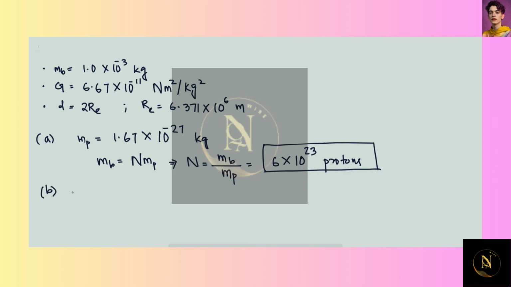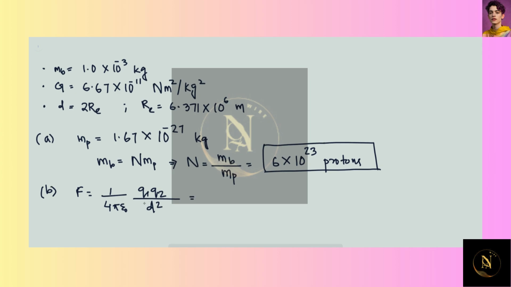Now in the second part, we have to find the electric force and gravitational force. So the electric force is given by 1 over 4 pi epsilon naught times the multiplication of the charges of the two bags over the square of the distance between them, that is d.